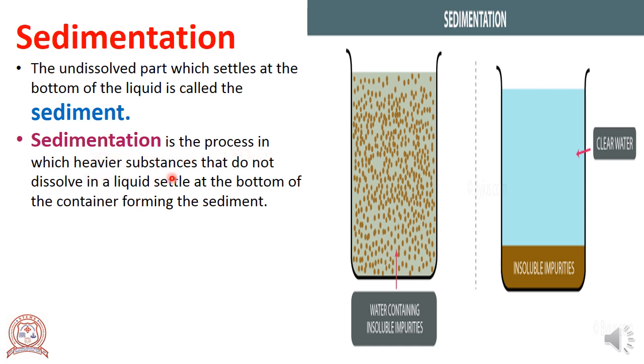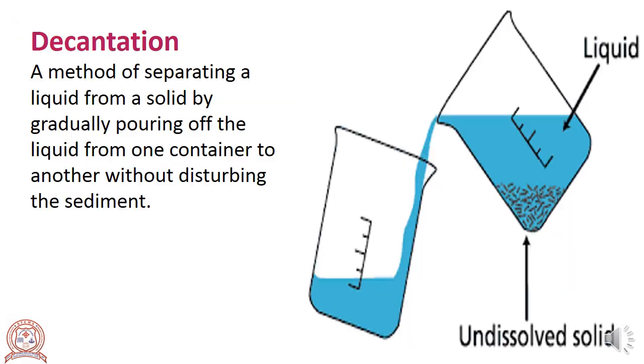The process is called sedimentation, and sedimentation is the process in which heavier substances that do not dissolve in a liquid settle at the bottom of the container, forming the sediment. This separation is usually done to separate insoluble solids from liquids.